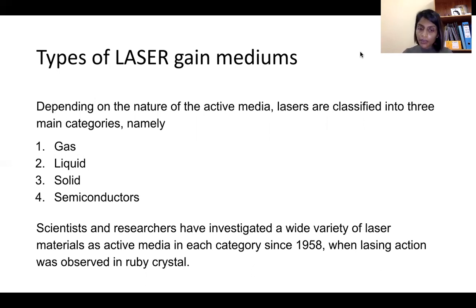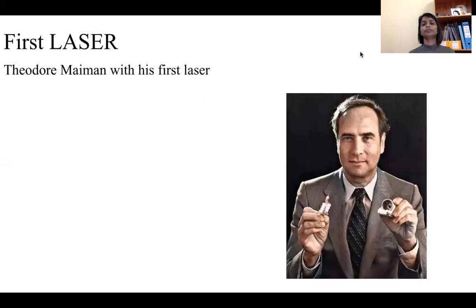The first active medium is a solid laser, and the active medium was a ruby crystal. Theodore Maiman was the first person to produce a laser, and this is a photograph of him using his laser.